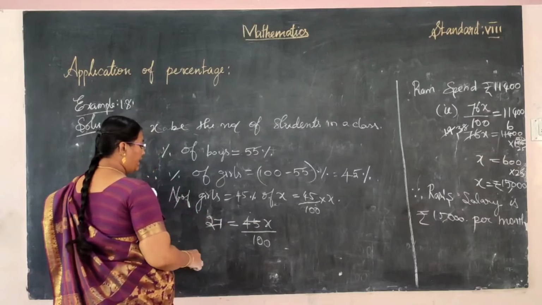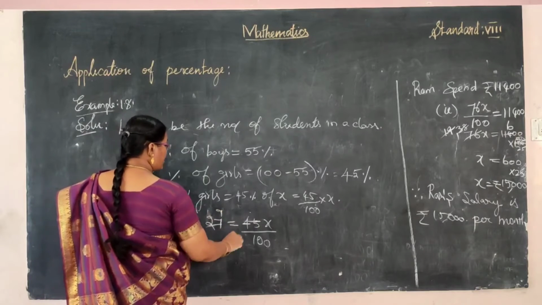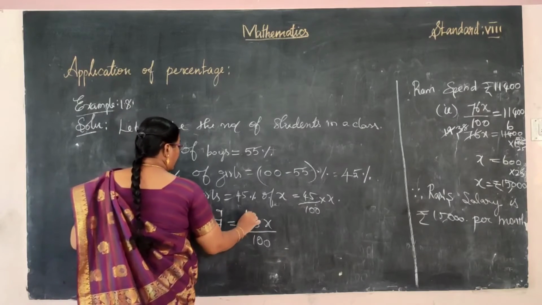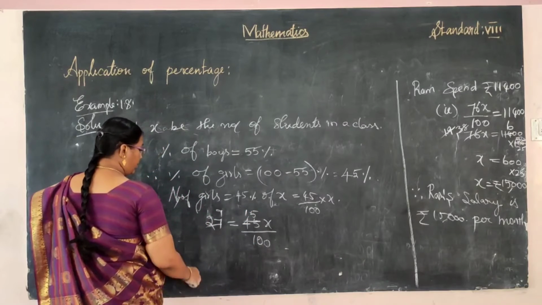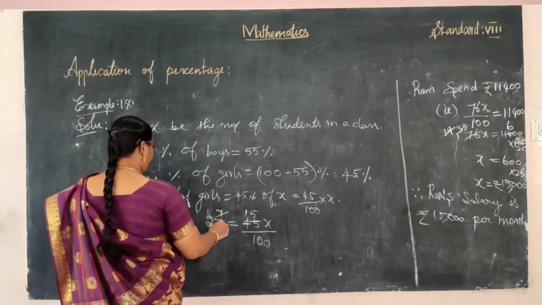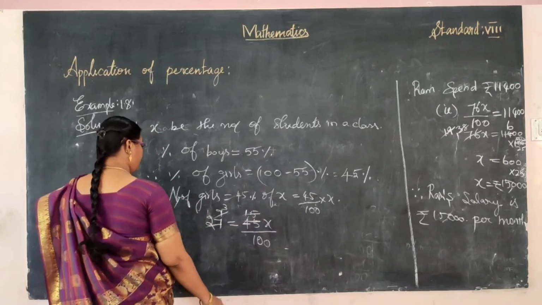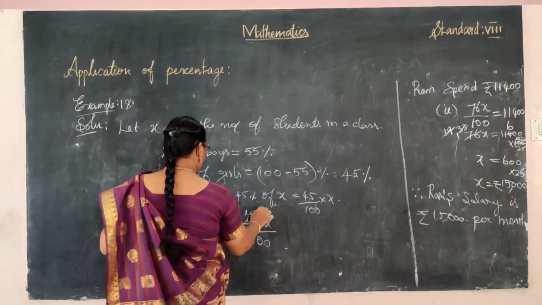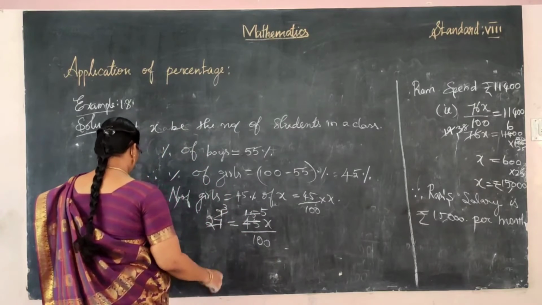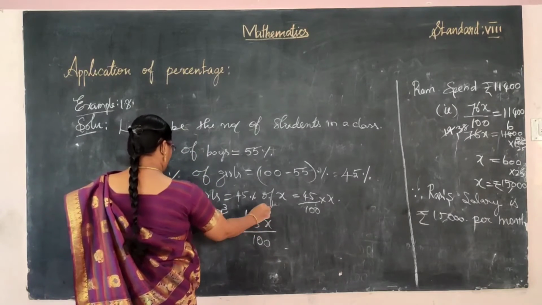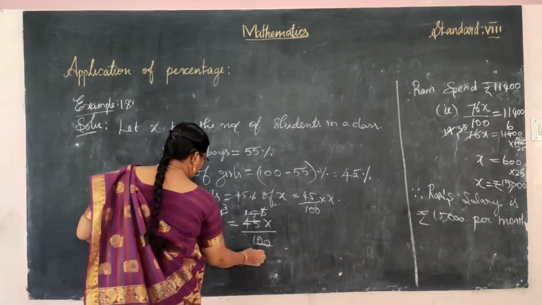Cancel in the 3 table: 3 9s are 27, 3 1s are 3, 3 5s are 15. It also cancels in the 3 table, 3 3s are 9, and then in the 5 table, 20.